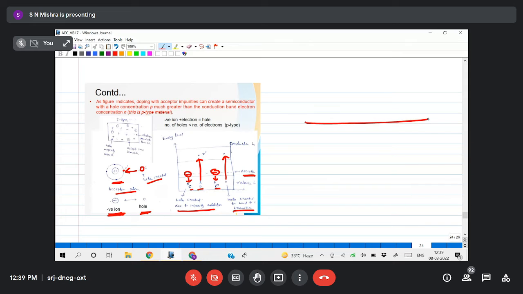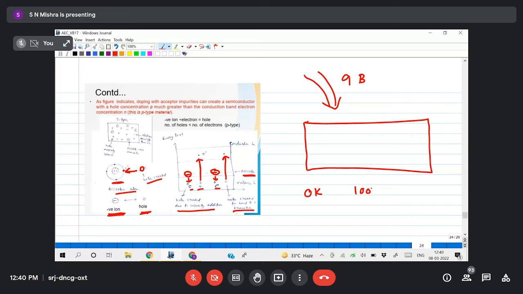Now I'll ask the same type of question again for a P-type semiconductor. Let us add 9 borons at 0 Kelvin, then at 100 Kelvin, then 300 Kelvin. At 300 Kelvin, what I observe is that 15 covalent bonds break.